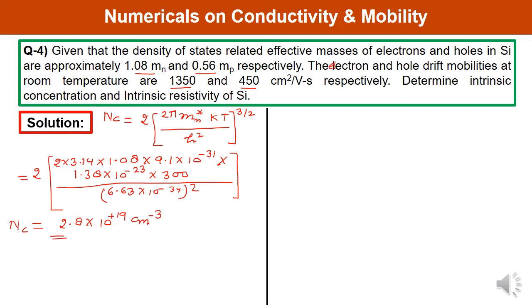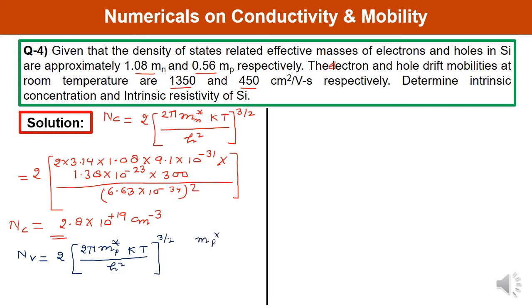Similarly, you need to calculate the value of Nv. You know the formula. Nv can be written as 2 times (2 pi, the effective mass of holes, kT upon h square) and its whole power 3 by 2.